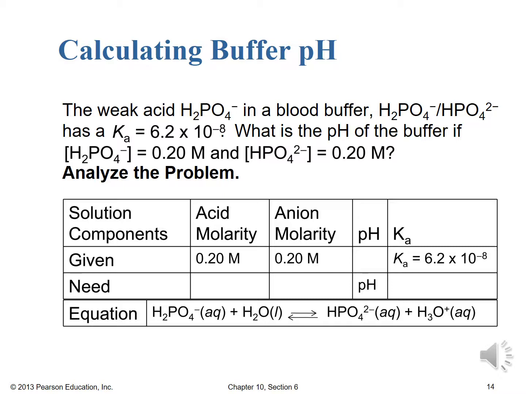So step number one, we'll analyze our problem. We see that we're given the acid molarity and the conjugate base molarity. They're both 0.20 molar. We have the Ka of the weak acid, and we know that we need to find the pH. We have the equilibrium acid-base reaction there, H2PO4 minus plus H2O in equilibrium with HPO4 2 minus plus H3O+.